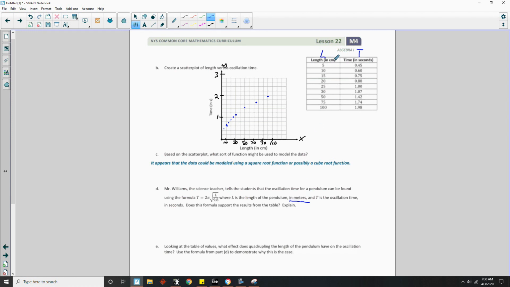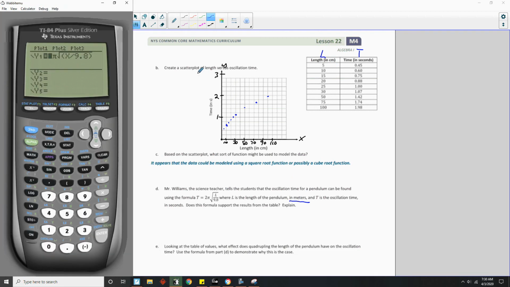There are 100 centimeters in a meter, so if I plug those values into my calculator, 5 centimeters is not 5, it is 0.05. So let me clear these. You always have to read, and if something doesn't make sense, try to figure it out. So what happens if I put 0.05 in?